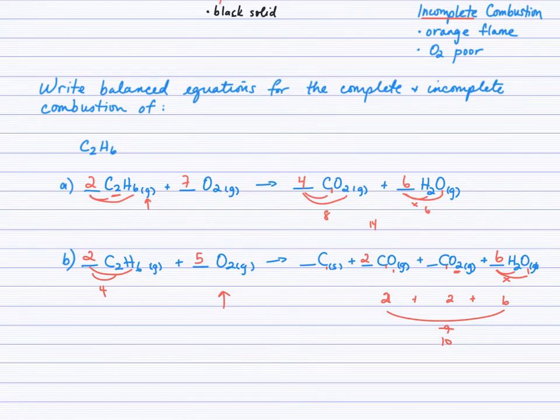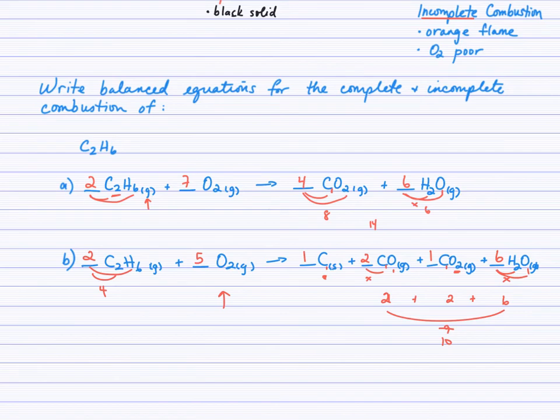So by putting the 2 in front of the CO, did I actually balance the carbon? Well, as I check it out, I've got 1 carbon here. Now I have 2 times 1 from the 2 COs plus 1 from the CO2. So it turns out that coefficients of 2, 5, 1, 2, 1, 6 actually is one possible answer for the incomplete combustion reaction of ethane.